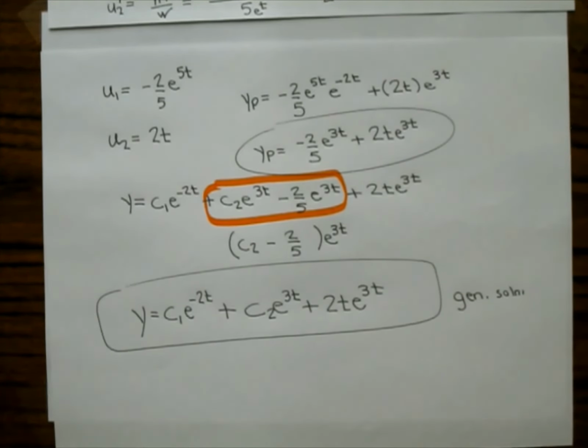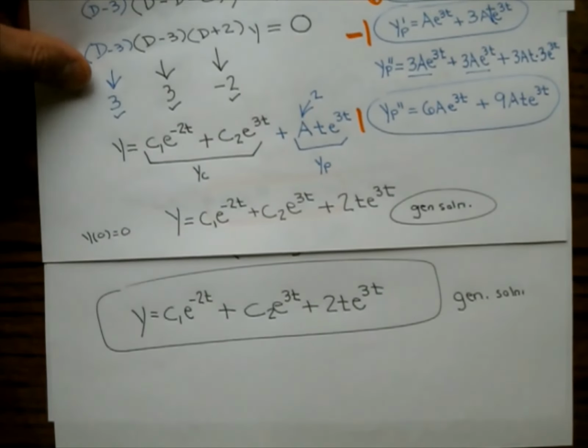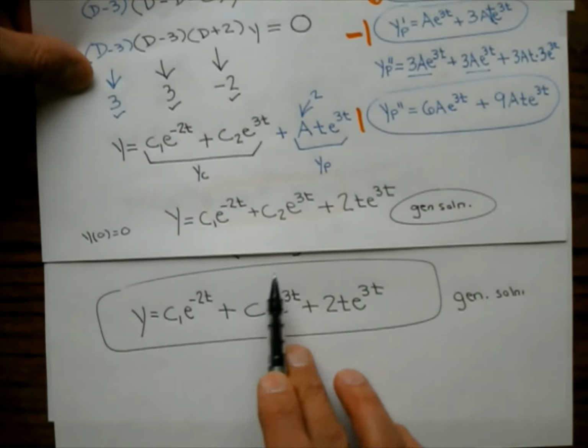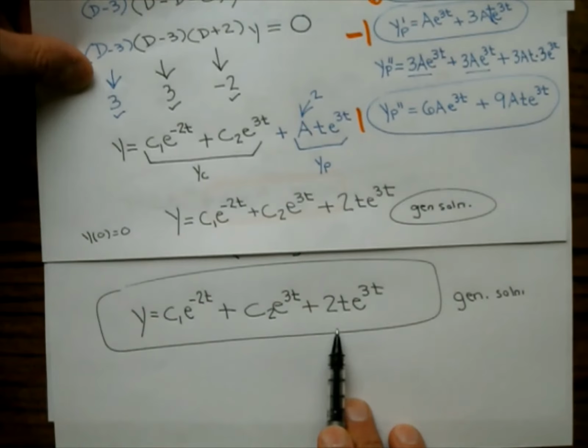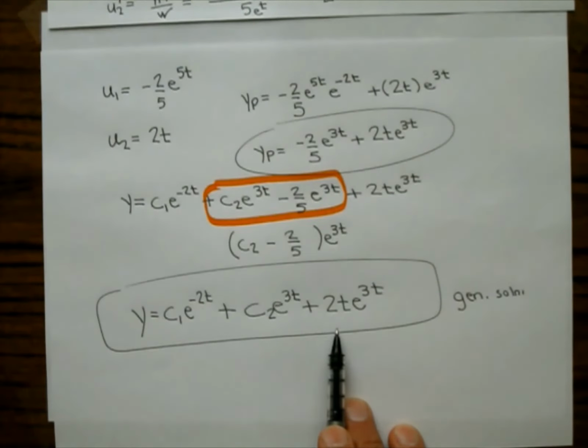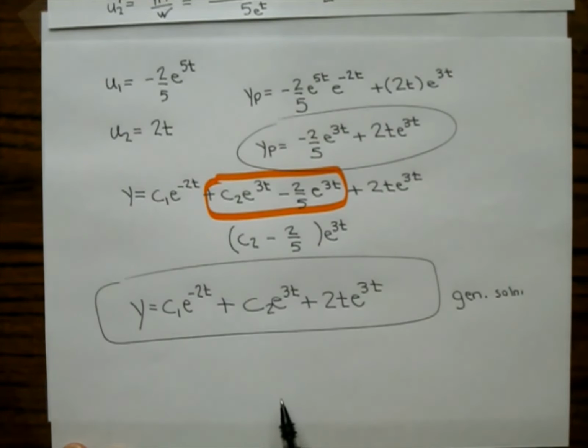solution. And if we look back on the other problem, I don't know what the other problem is, we ended up getting the same general solution. So it was exactly the same. And I don't want to go through all the pains again to find C1 and C2 given the initial conditions, because it's exactly the same work.